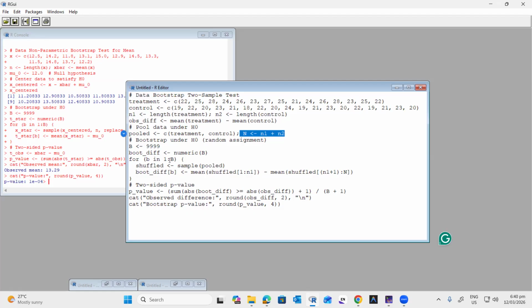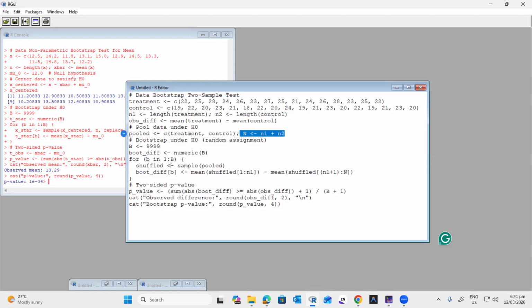After that, boot differences is a numeric empty vector of length capital B that will store the differences in the mean from each resampling. And after that, we will apply the for loop here.